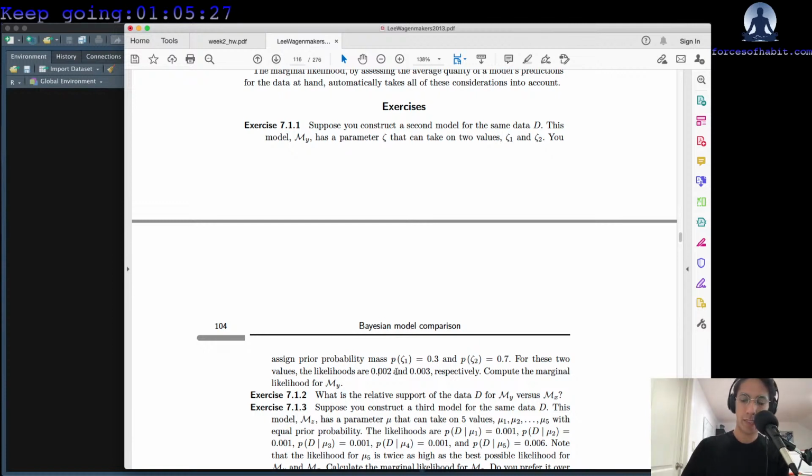The probability of the data given model Y is equal to the probability of zeta 1 multiplied by the probability of the data given zeta 1, which is 0.3 times 0.002, and then we add the probability of zeta 2 multiplied by the probability of the data given zeta 2, which is 0.003, and we sum those together and we get a value.